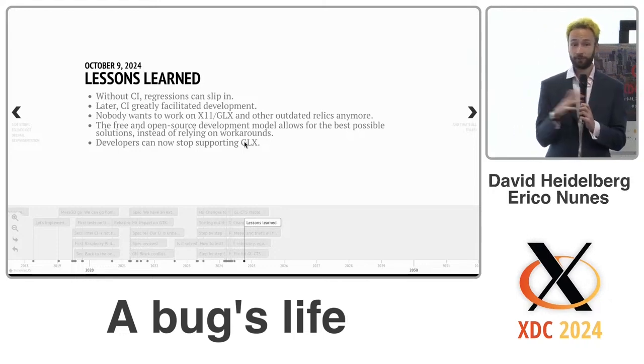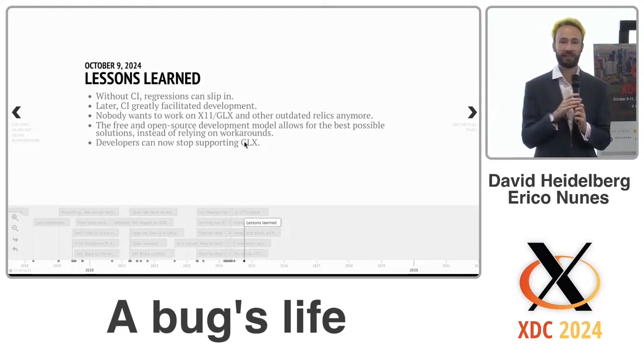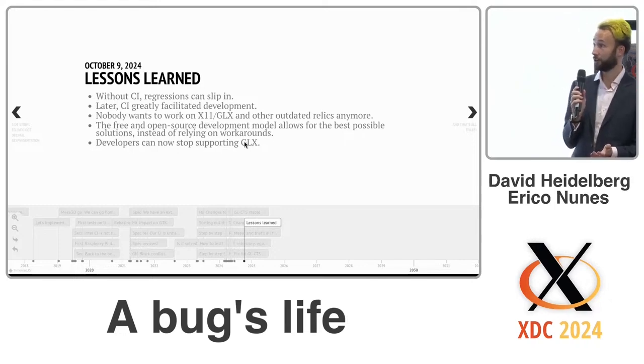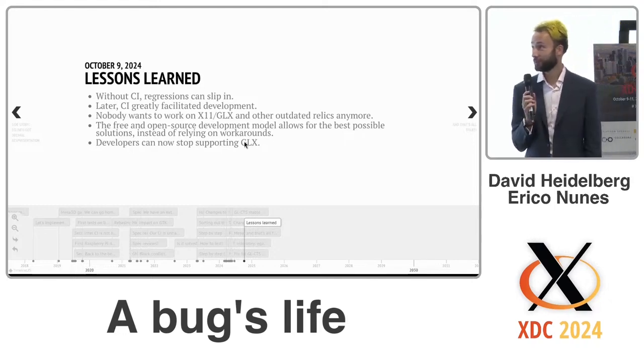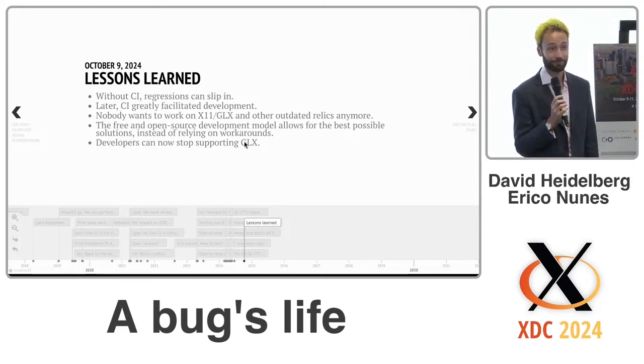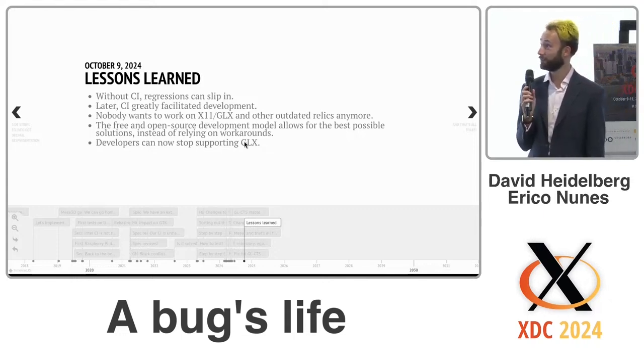So when I started working on this personally, if I didn't have CI, I would probably have sent something which was buggy anyway. So it helped a lot. And you know, nobody wants to work on X11 or something related to it. So if you need to push some merge request, it's more pain.